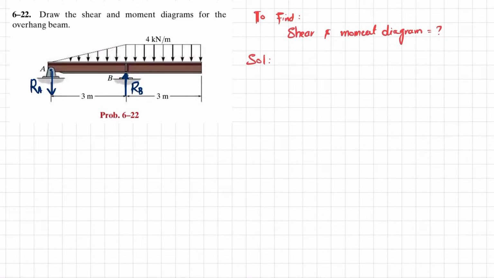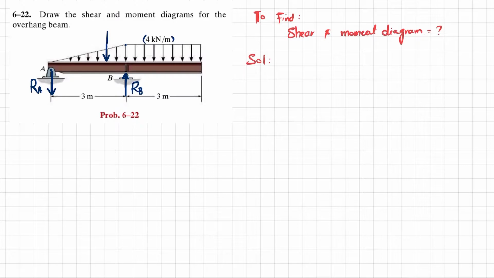From point A to B there is a uniformly increasing load. If you want to convert it into a concentrated load, at this point it is 4 kilonewton per meter. This load is a triangle, so the area under the load gives you the force.